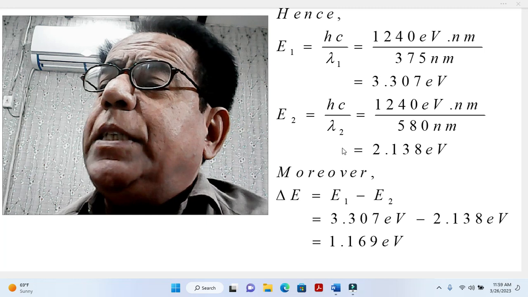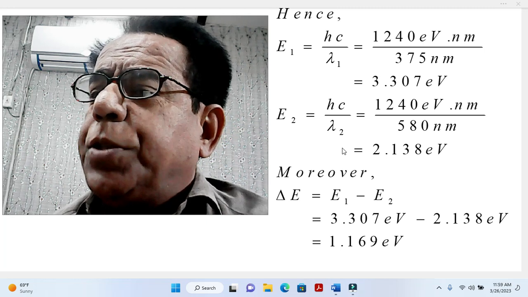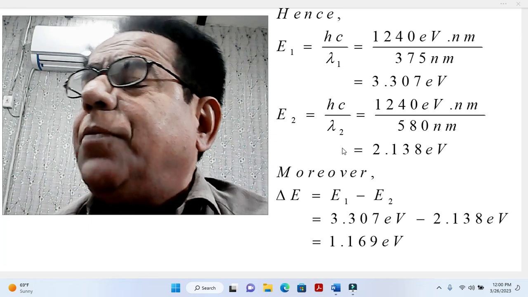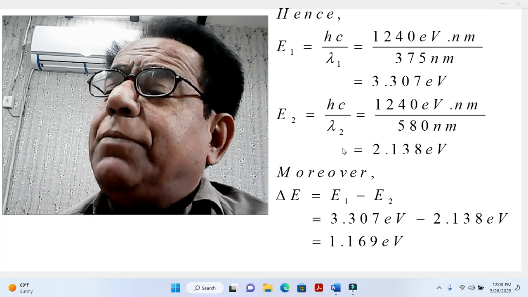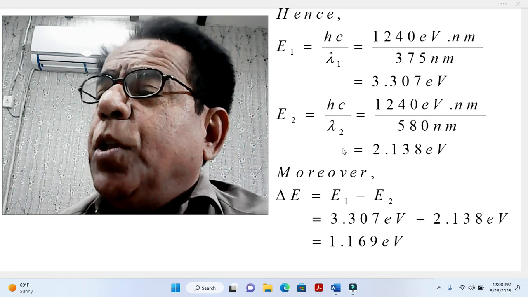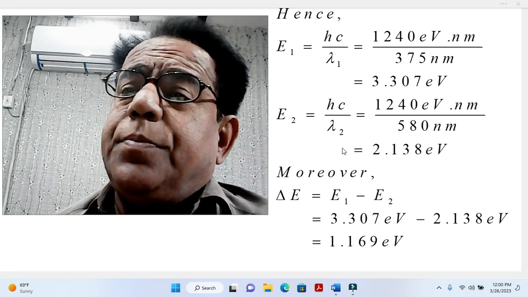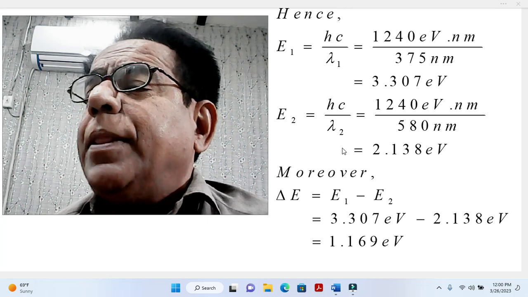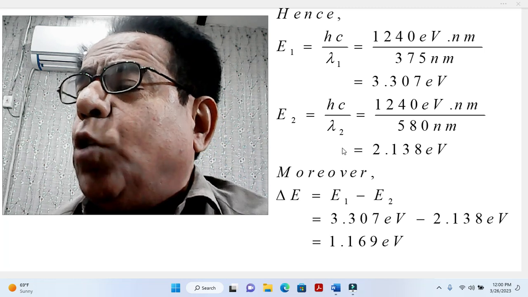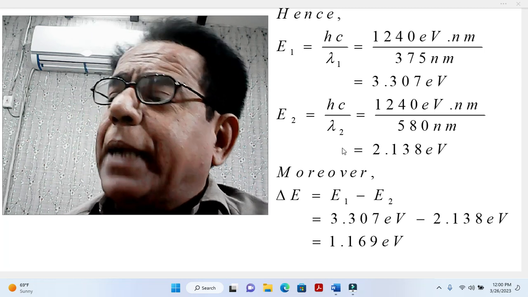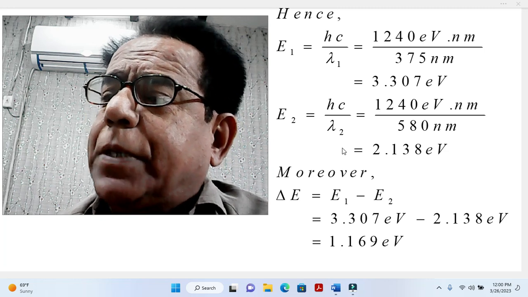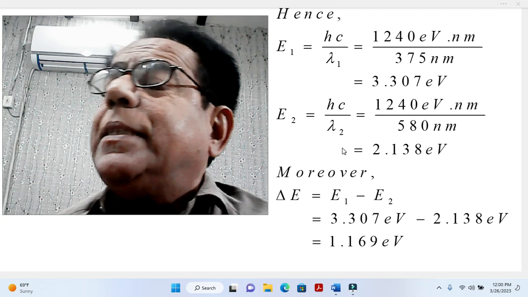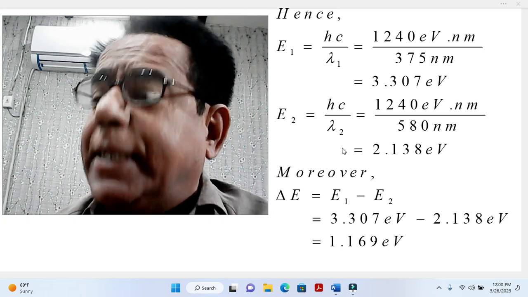Put the value of E1 and E2. So 3.307 electron volt minus 2.138 electron volt. Both quantities have the same unit, that is electron volt. So we can simply say that we take electron volt common outside the bracket, then within the bracket we will be left with 3.307 minus 2.138, and this will become equal to 1.169.